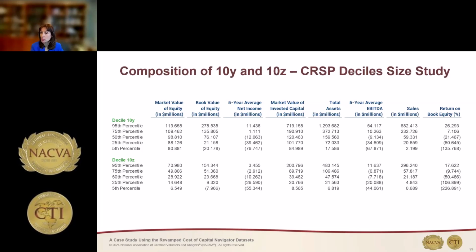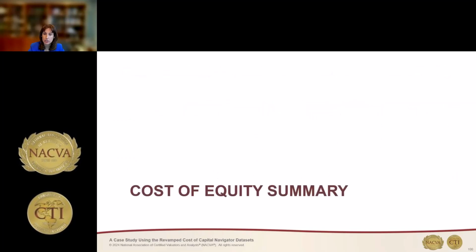If you're a company that is losing money, then maybe you look at this, right? But you have to be careful about matching the characteristics of your subject company to the characteristics of the data here. And as I said, now we have 10W, X, Y, and Z. So this is just at the bottom, but you also have the 10A characteristics.